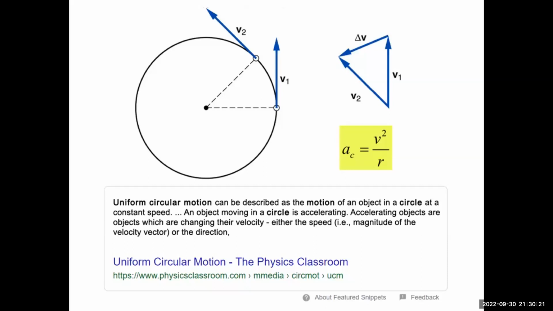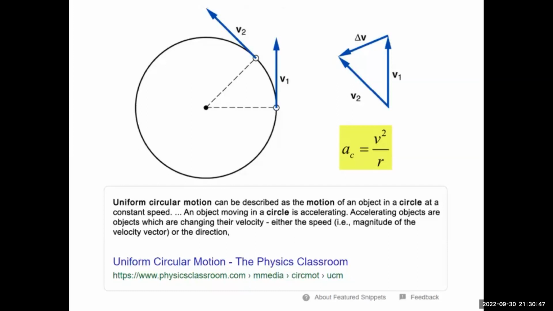Scale, size, magnitude. Where does it say anything about scale or size? In fact, it does say scale or size: R, radius, which means the bigger the radius, the faster the acceleration.